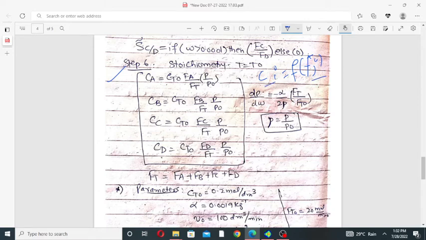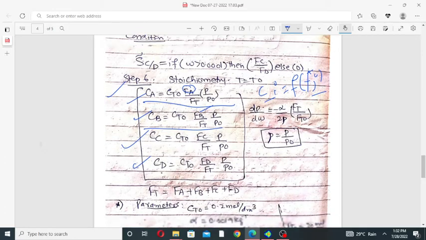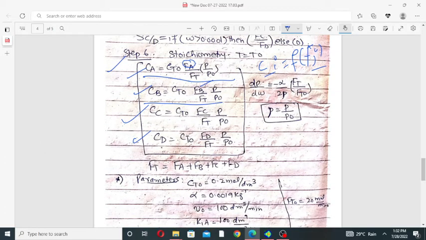So CA is equal to this, the relationship between CA and FA is this one, and the relationship between CB and FB is obtained from this relation. Similarly for CC and CD. And FT is FA plus FB plus FC plus FD. This is the total molar flow rate of components in the packed bed reactor.